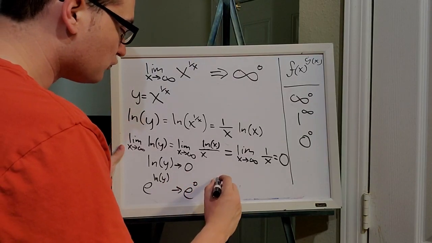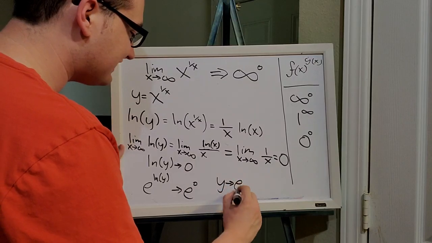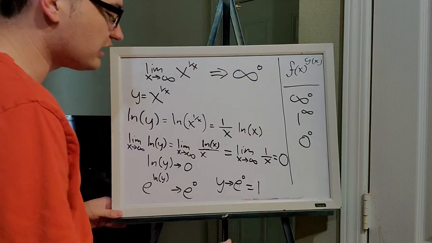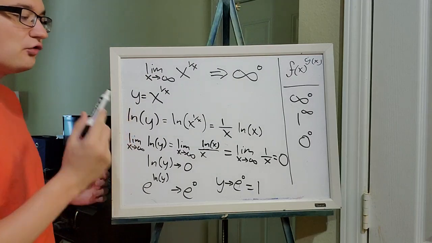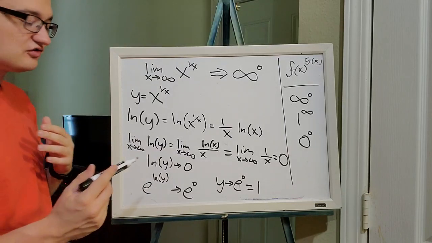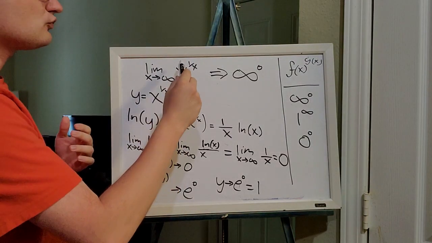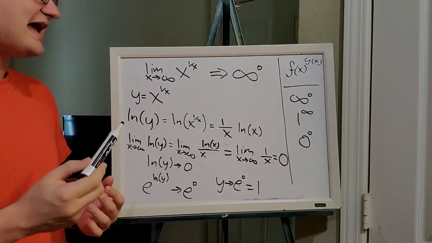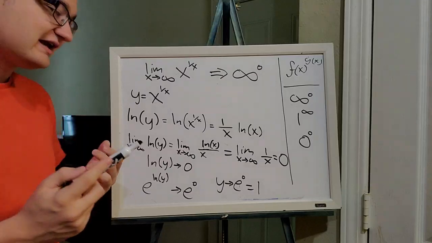Or, y is going to e raised to the power of 0, which is 1. Y goes to 1 as x goes to infinity. Apologies. X raised to the 1 over x goes to 1 as x goes to infinity.